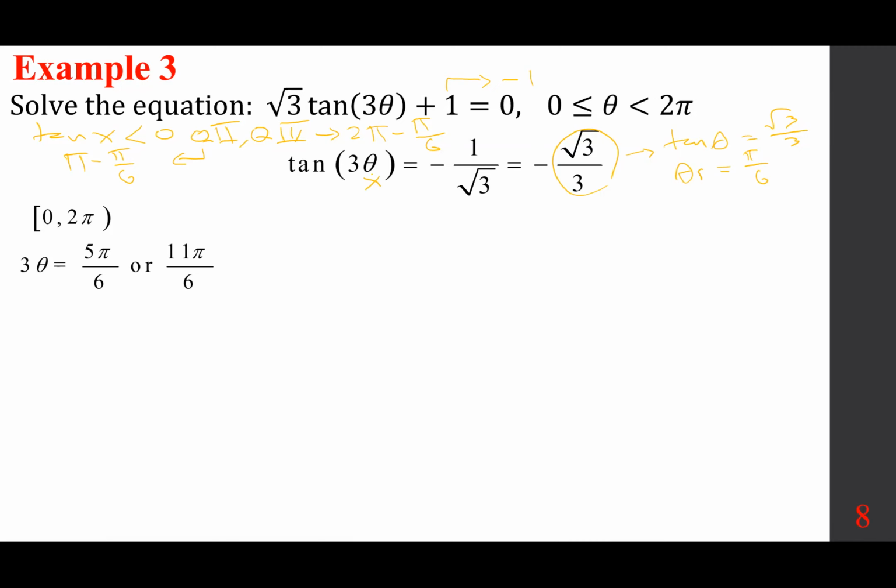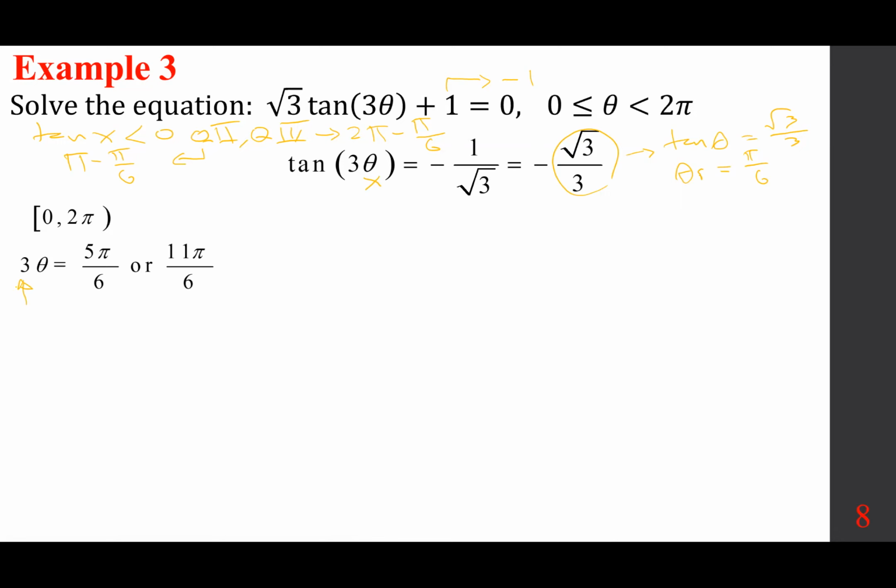But anytime we have a multiple angle, the only way to get all solutions from 0 to 2 pi is to follow the technique that we are going to go over. We will add to each one n times or k times their period.